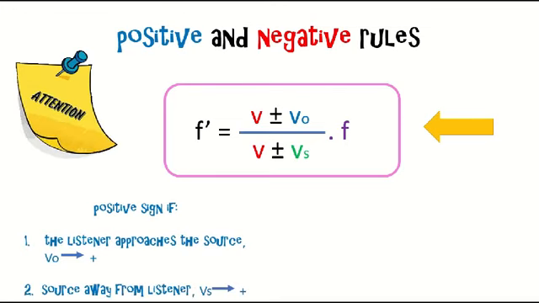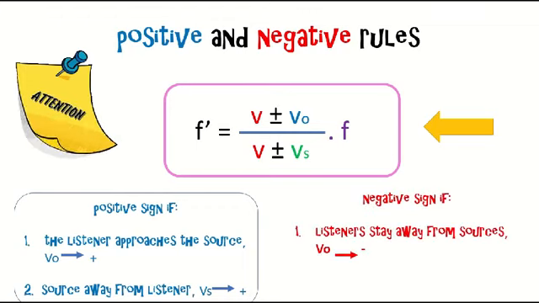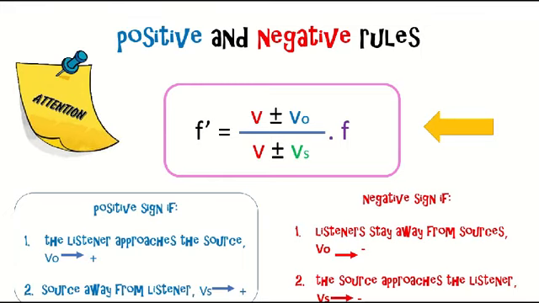And second, the source moves away from the listener, it means vs is positive. Use the negative sign if, first, the listener moves away from the source, it means vo is negative. And second, the source approaches the listener, it means vs is negative.